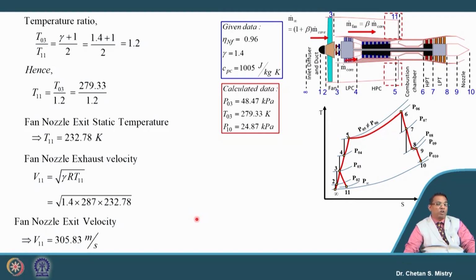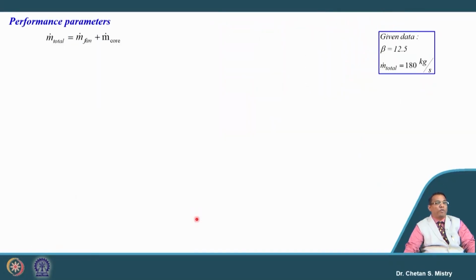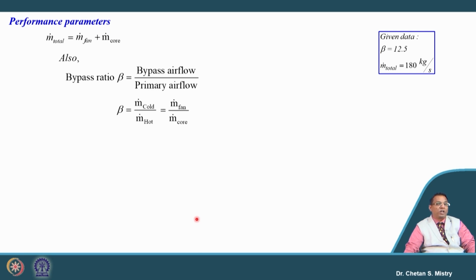We know in order to calculate our thrust, our requirement also is to calculate what will be the area. So, let us do the calculation for this area. For area calculation our requirement is mass flow rate. My total mass flow rate we are writing in terms of my bypass ratio, given by 1 plus beta into m dot core.